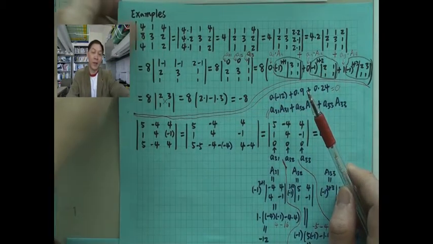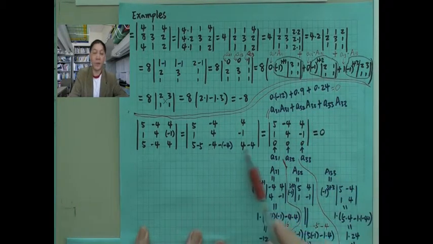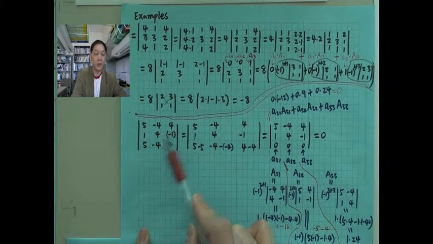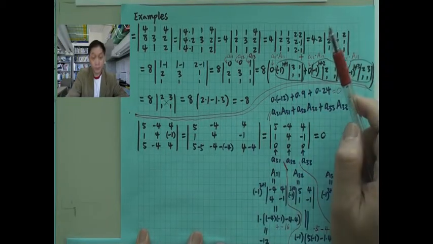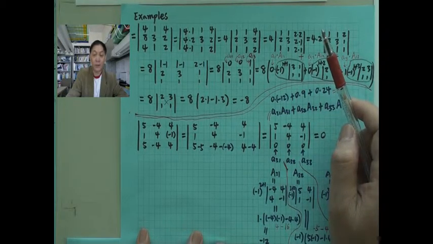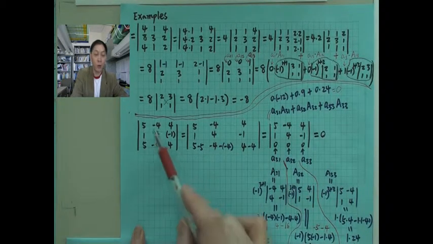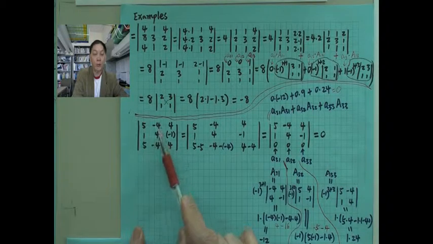Now let's look at this example. This example: 5, -4, 4, 1, 4, -1, 5, -4, 4. Now right here, we use first row.